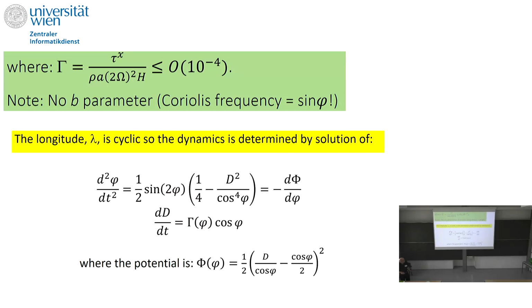Oops, that's a mistake, sorry. Lambda is cyclic, so what you see here is what happens if I write down the combined D and phi dynamics. So it's a genuine third order equation. D is not anymore a function of t only, but rather it is a function of phi, which is a function of t.